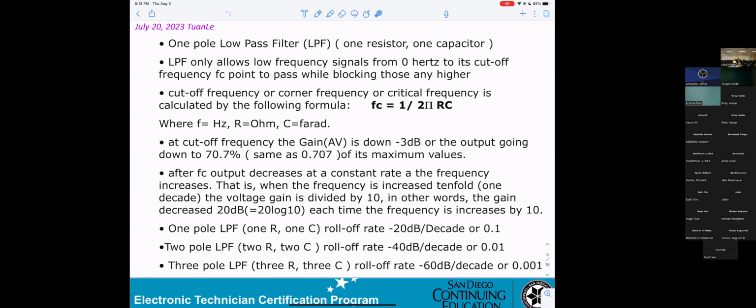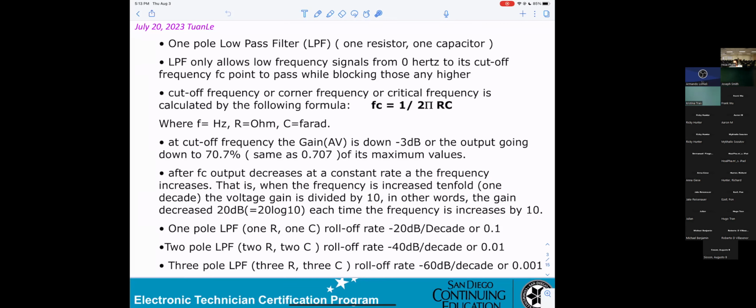That is, when the frequency is increased tenfold, 1 decade, the voltage gain is divided by 10. In other words, the gain decreases 20 dB each time the frequency is increased by 10.